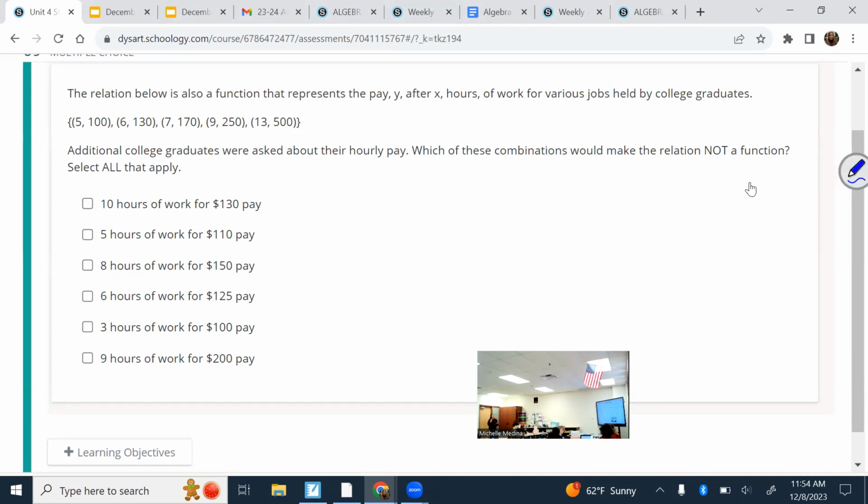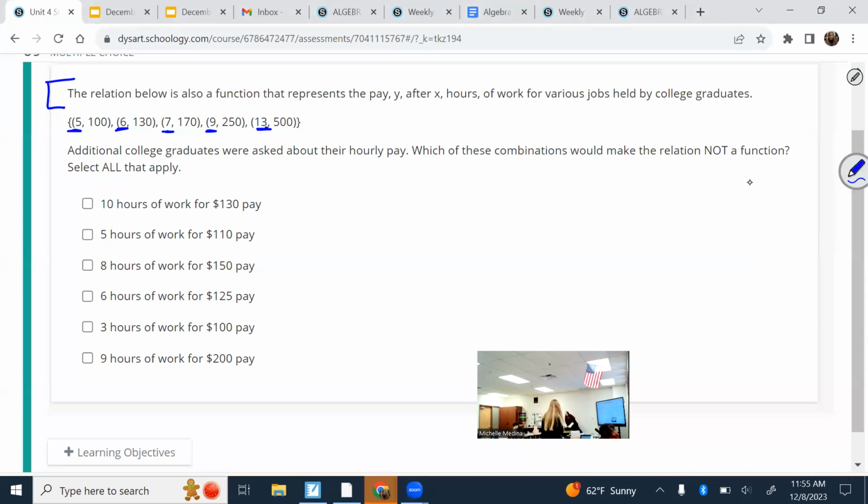You can't have an X that repeats with a different Y. So if we look at it before, they mentioned it here, they said the way it's listed is a function, because as you can see, none of the X's repeat. So automatically that makes it a function. It wants to know which combinations would make it not a function if I added it to this list. So maybe write it as a coordinate and you'll be able to compare it better.